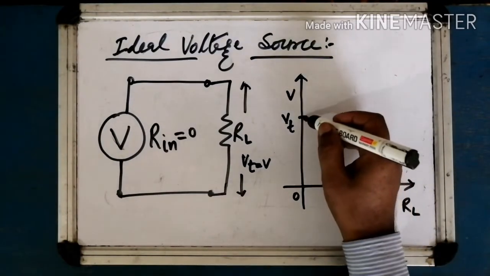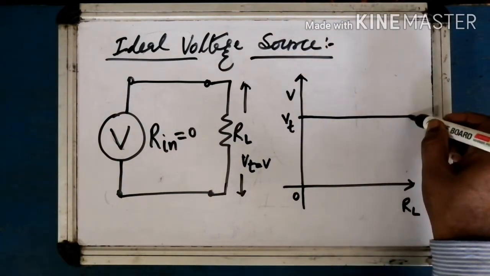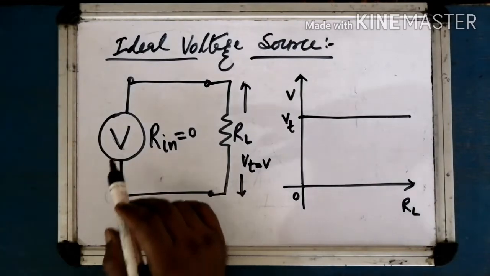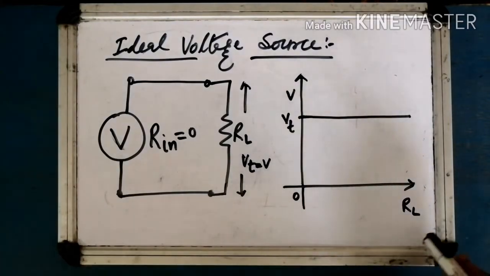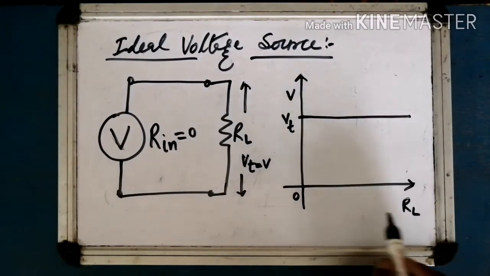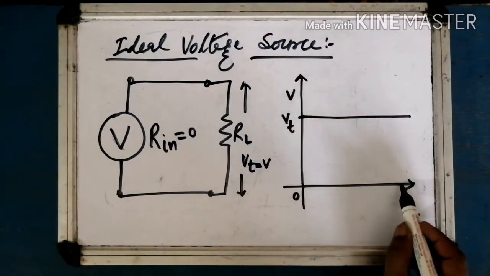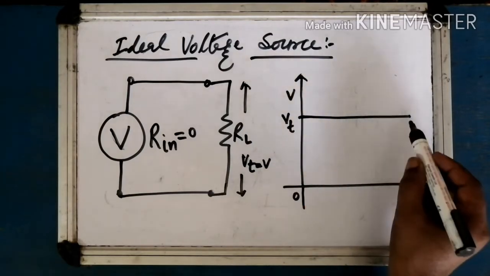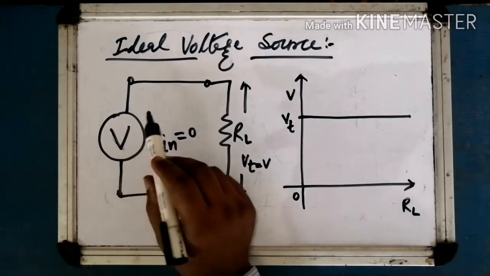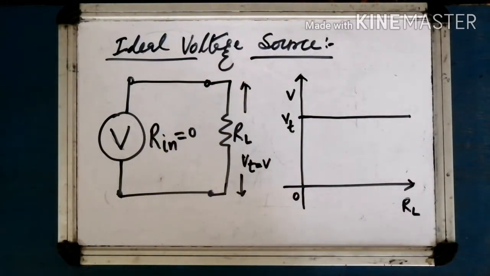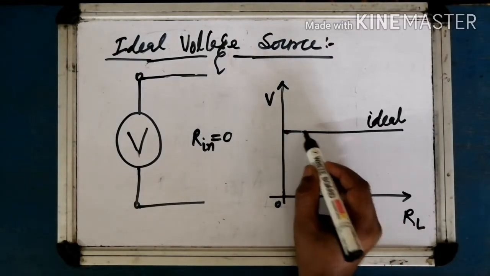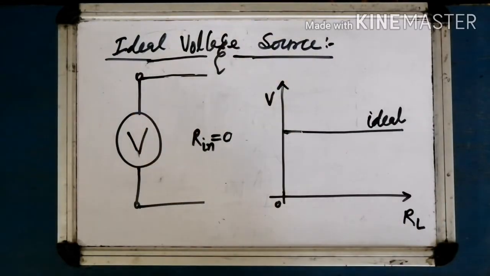So the terminal voltage remains constant no matter how much current is drawn by this source, no matter what is the value of the load resistor. Right? Either this value is low or high, but the terminal voltage remains constant. So such type of source is known as the ideal voltage source. So this is the characteristics for the ideal voltage source.